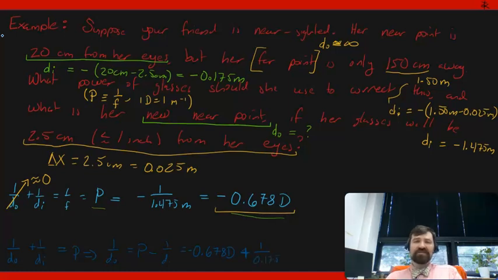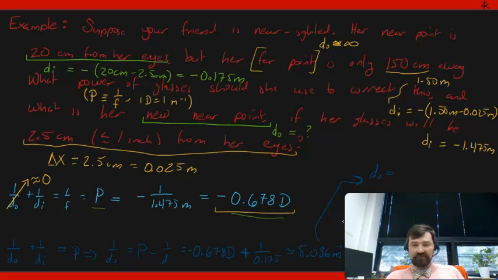In other words, we have minus 1 over negative 0.175. So if we do that, what we end up getting is that 1 over dO is about 5.036 inverse meters.